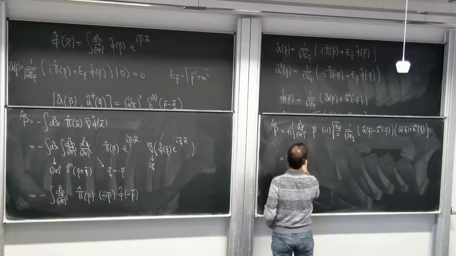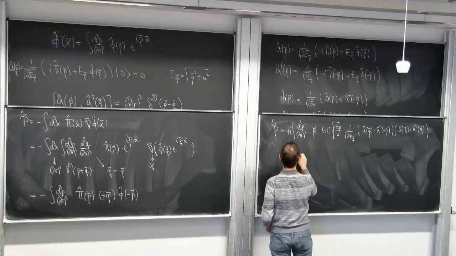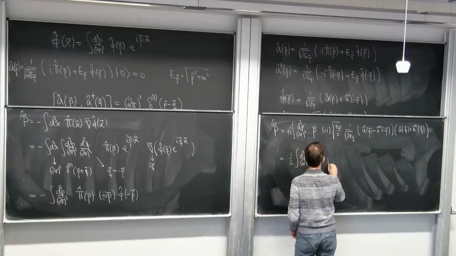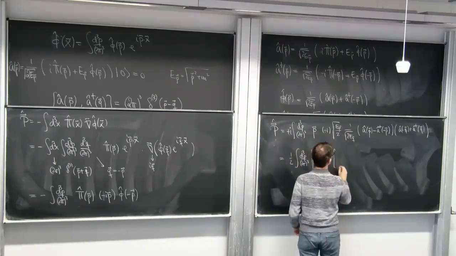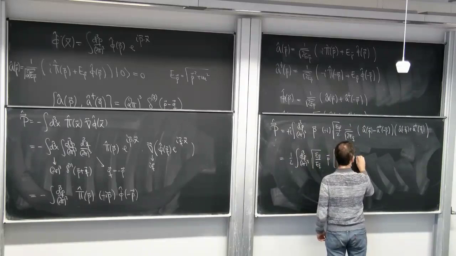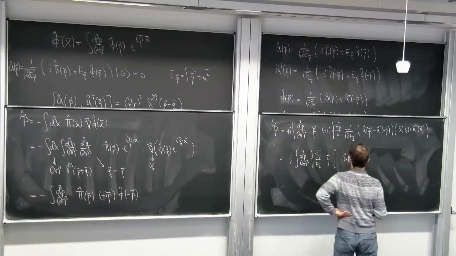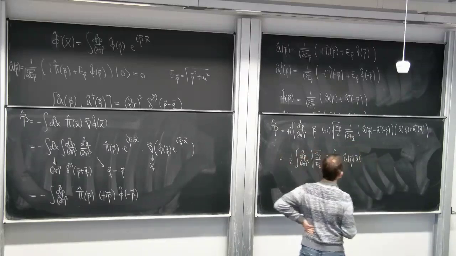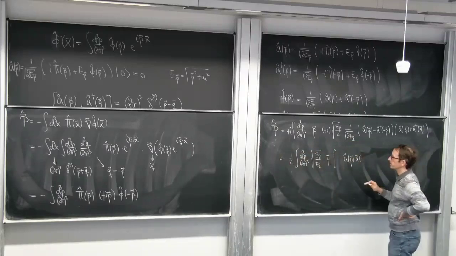Equals minus nothing. The 2 and the 2 is 1/2. So with 1/2 integral d t to the pi third. This is a square root p over q, the p vector, and then a with p, a with minus. There's a q again.